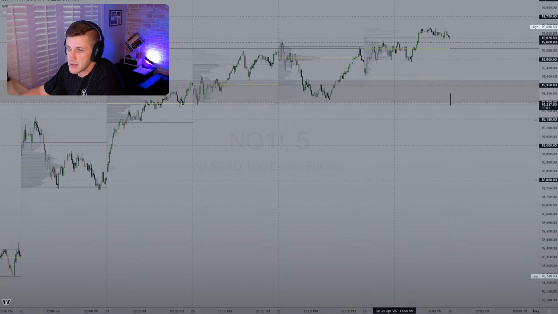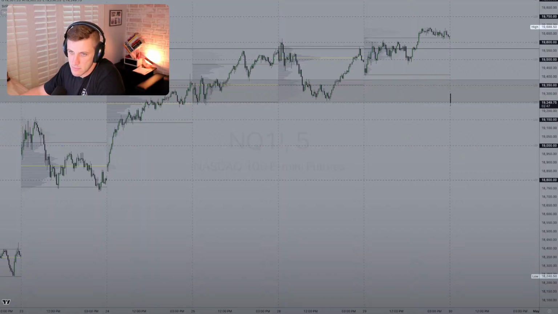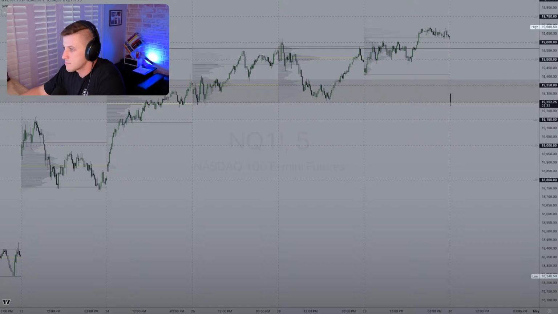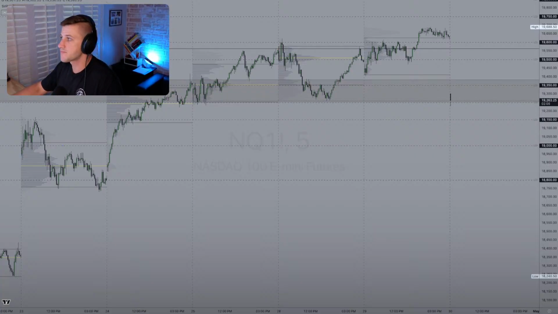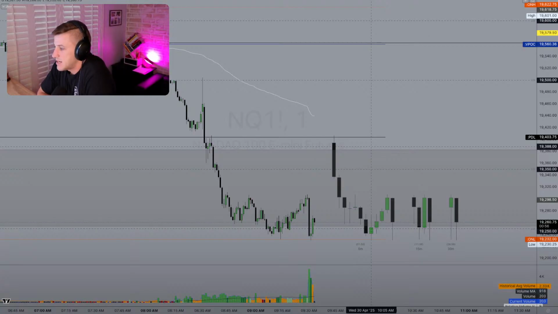We've got a big gap lower down through the prior day low. So 19,250 stays on the watch here for NASDAQ.